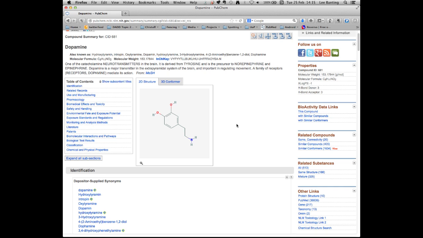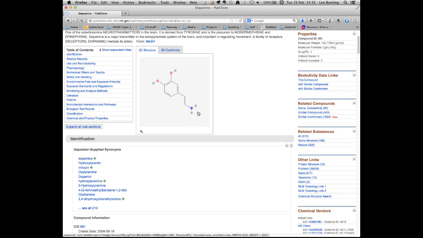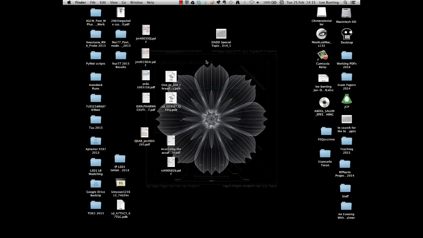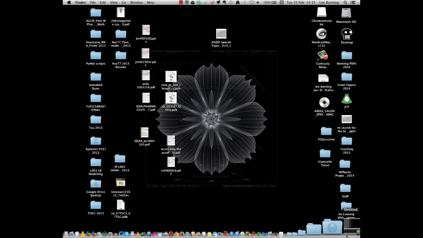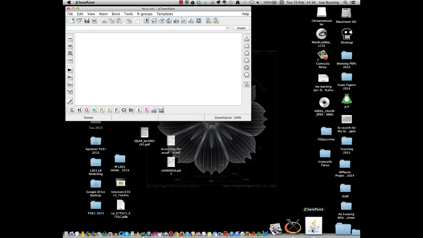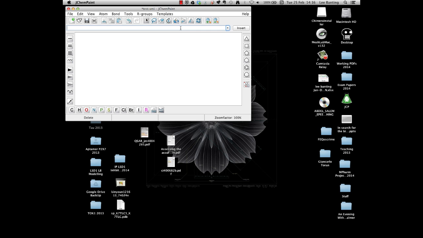And here we've got a 2D structural representation of dopamine. But where I want to go is I want to actually take the SMILES string, which I introduced you to, and show you that you can do a file conversion on that SMILES string to generate a 2D structure from it. This is a package called JChemPaint, which is freeware on the internet.